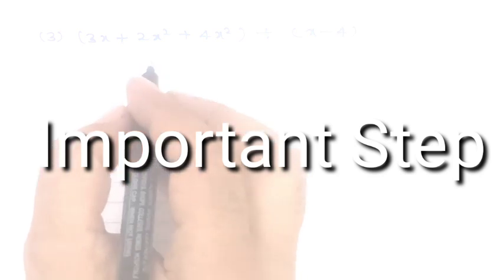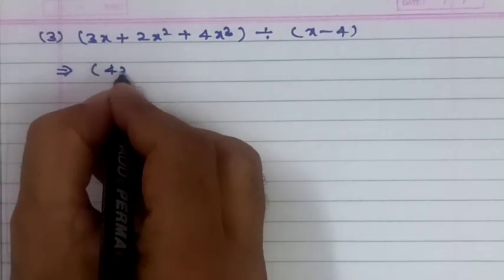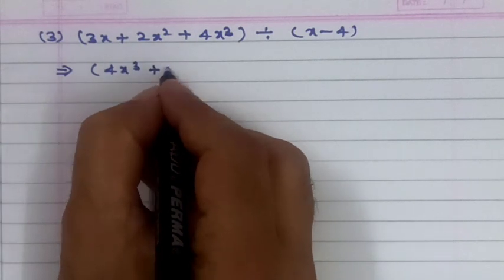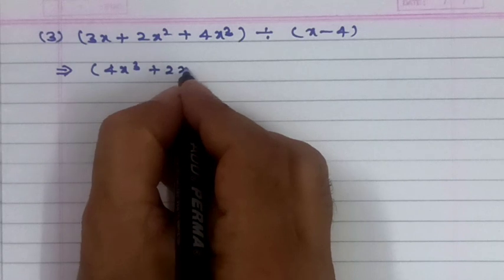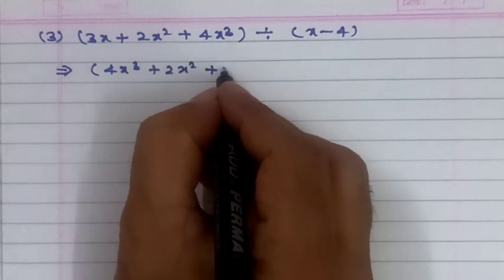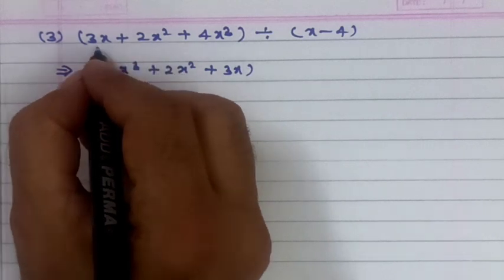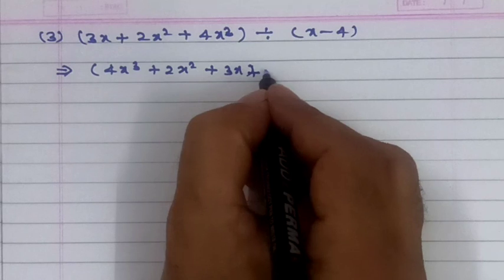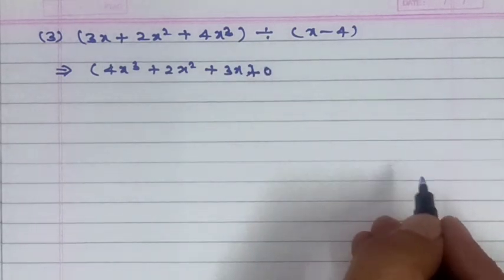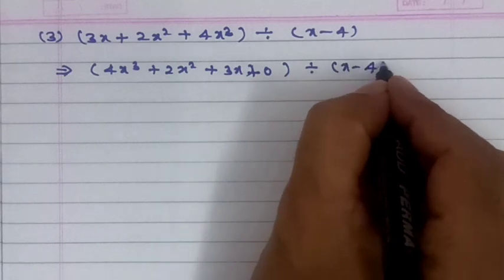So here you can write this question as 4x cube plus 2x square plus 3x plus 0, then divided by x minus 4.